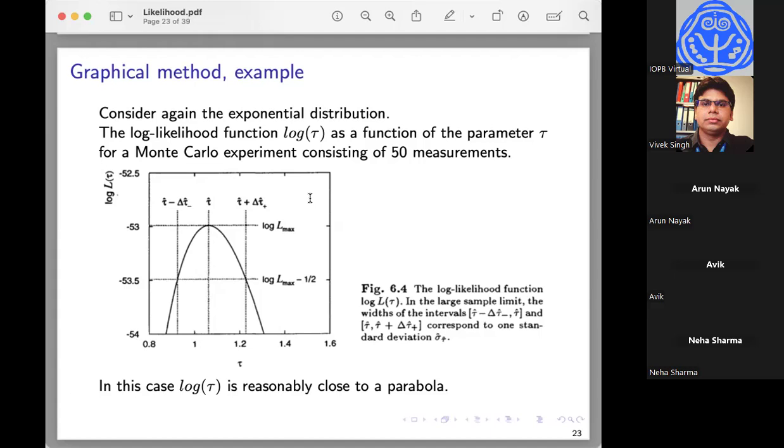So the point is that you have to assume some hypothesis or some kind of function for a given distribution, and then you find the parameter. If the assumption is wrong, then of course your parameter will not be correct.